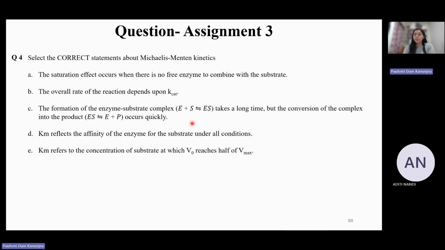And the last question brings us to the basics of Michaelis-Menten kinetics, or enzyme kinetics. We'll do this and then we will wrap it up. Which one of these is correct?